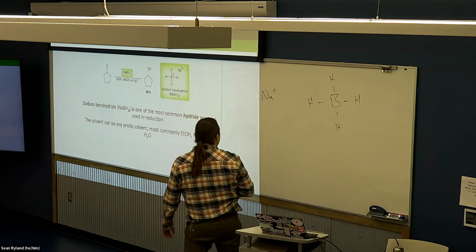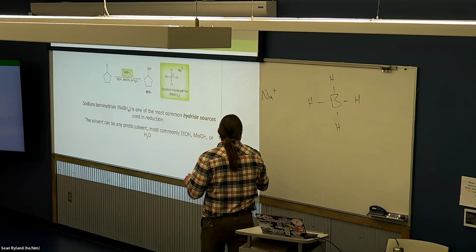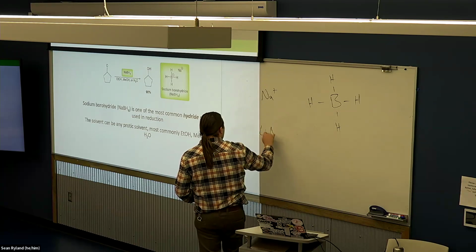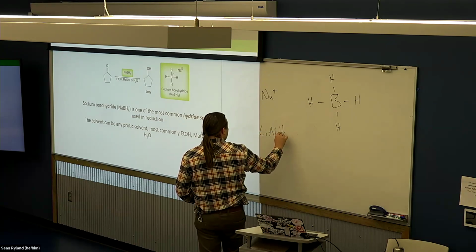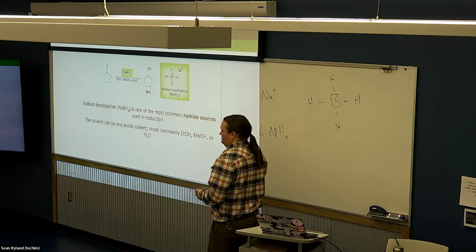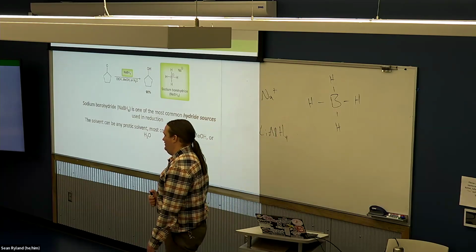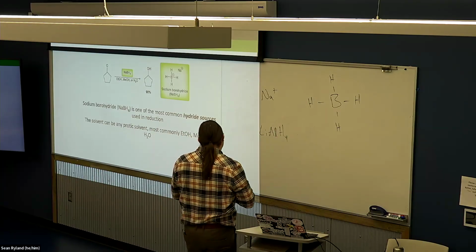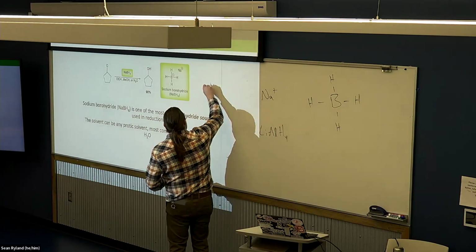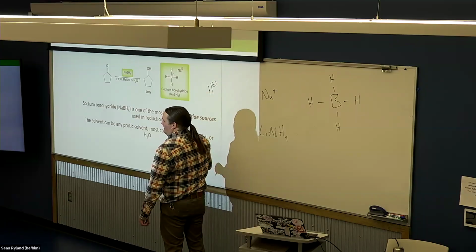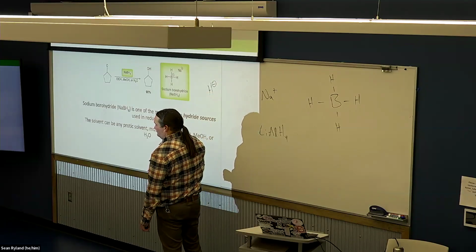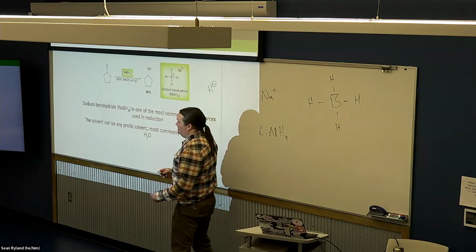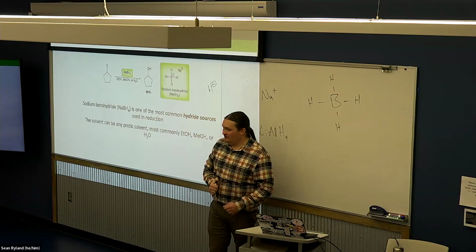So boron and aluminum are the 2 most common cases. Lithium aluminum hydride gets used a lot too for similar reasons. Hydrogen is more electronegative than the aluminum, so that gives you a way to just make H minus basically. Anything with a negative charge can be a pretty good nucleophile.